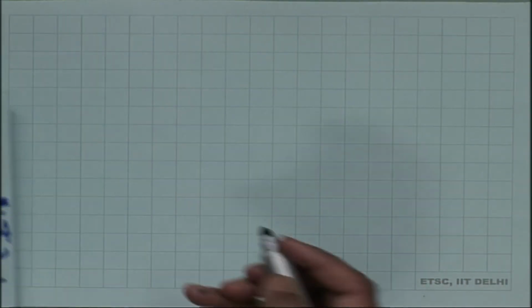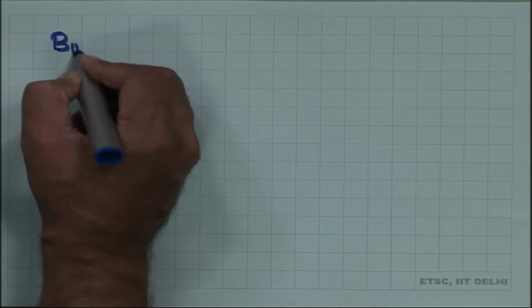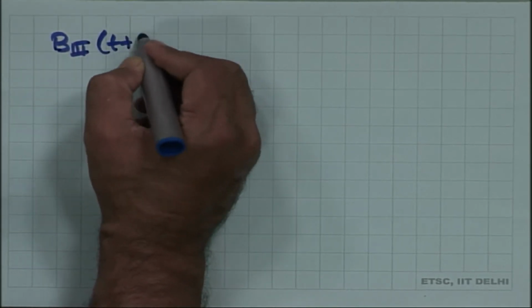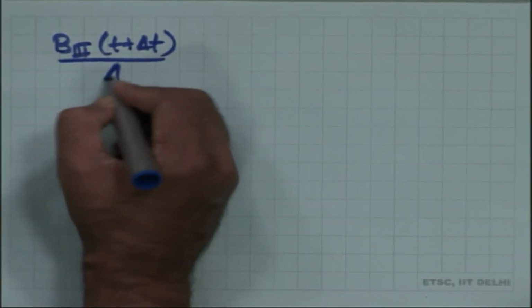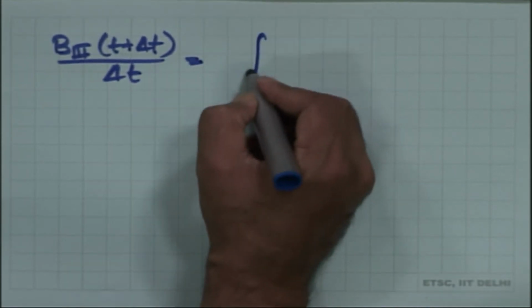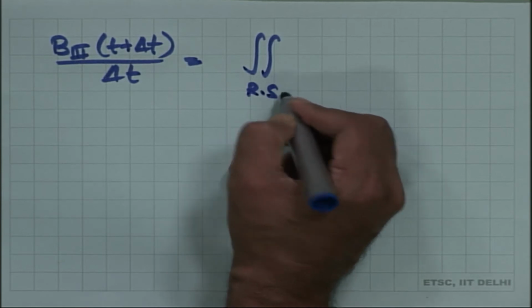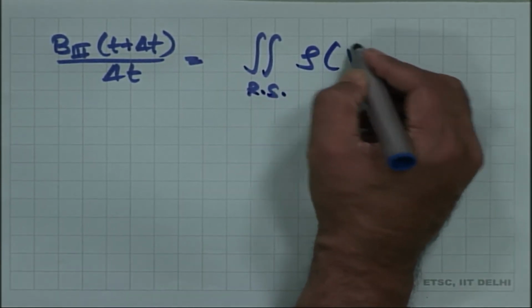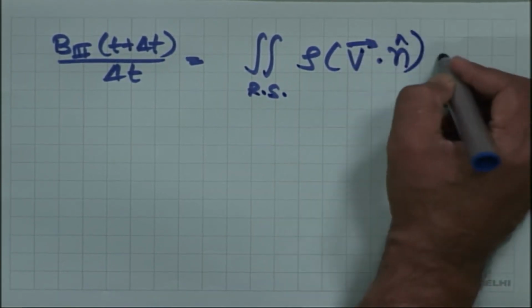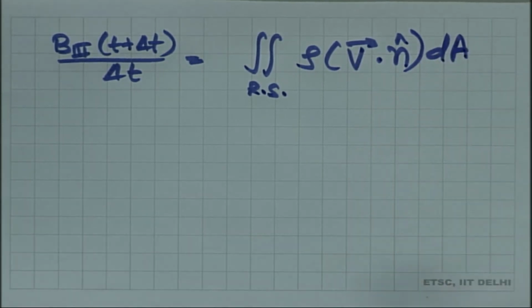And so, when I divide B3 at t plus delta t by delta t, I get the integral on the right side of beta rho times v dot n dA.